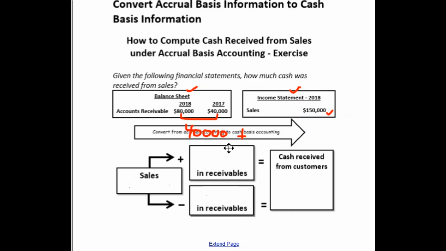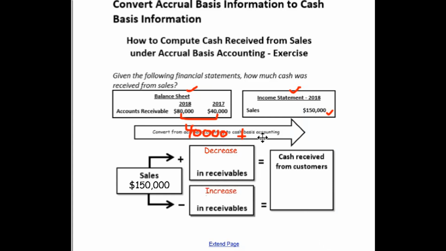I take my $150,000 in sales, and again, I have to determine which is the decrease box and which is the increase box. The important thing to understand is it's the same each time. My top box is decrease, my bottom box is increase.